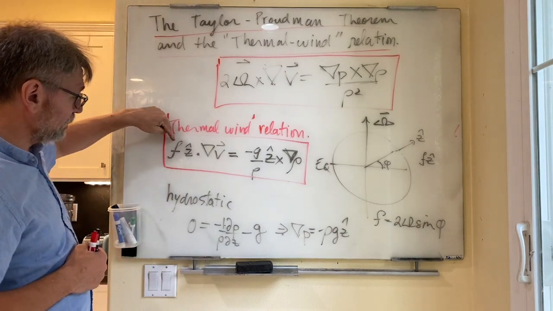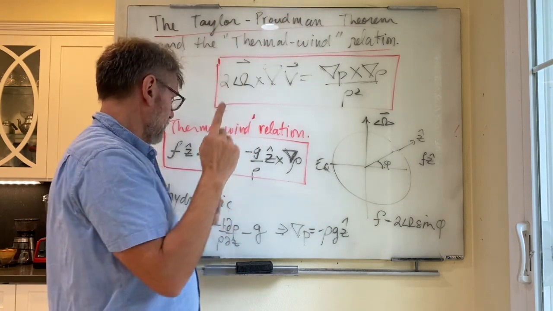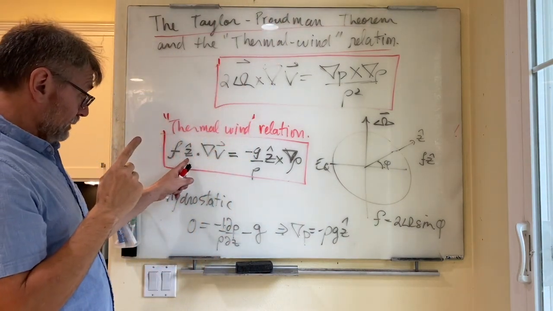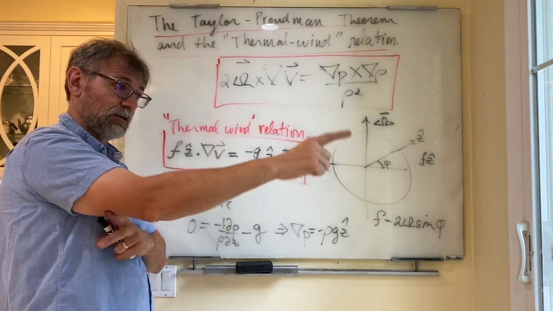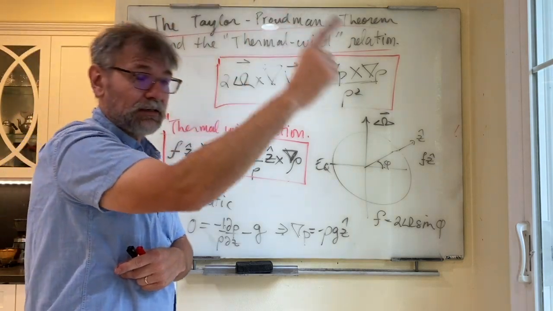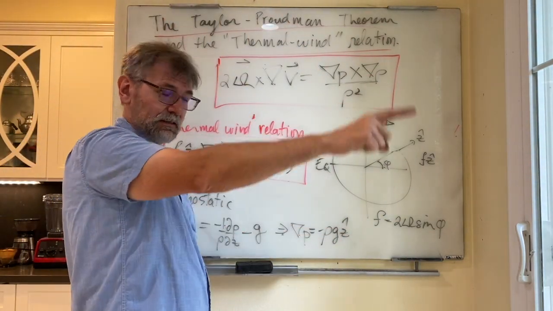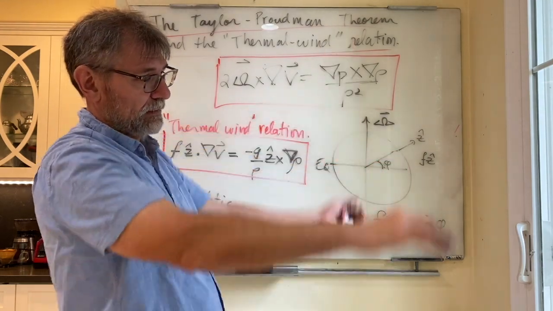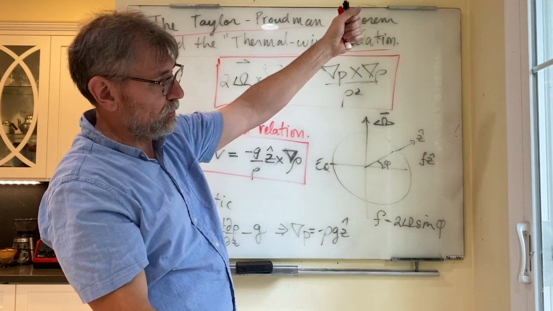So that planetary vorticity, the Earth is spinning this way. If there's a dV/dz, it's going to cause that spin to tip over. That tipping term is going to take spin, which is in this direction, and tip it into this plane, like this. And this tipping would cause an overturning of the fluid. It would try to lift the fluid on one side and push down on the other one.